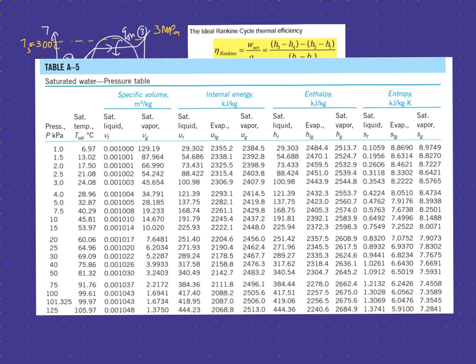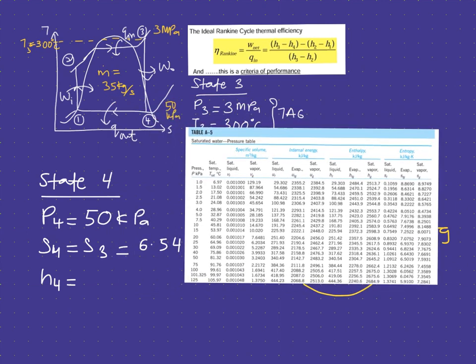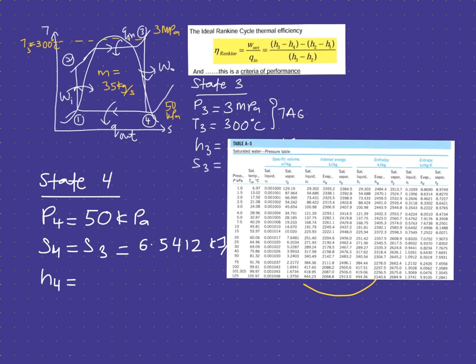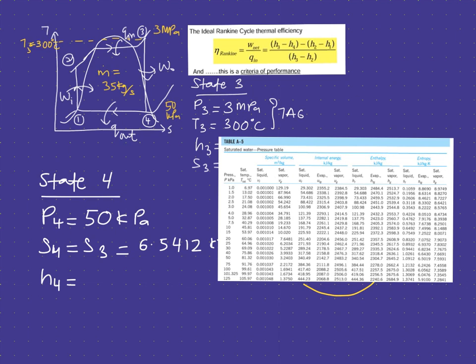Now we want to justify whether your state 4 is in a mixture region or in a superheated region, because in the first place we just made this assumption. We want to make sure whether state 4 is still in the superheated region, or has already changed into a mixture region.